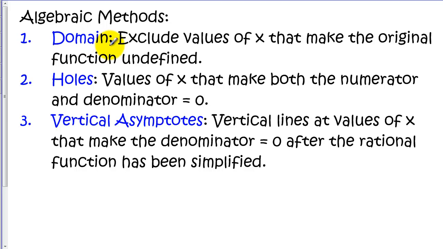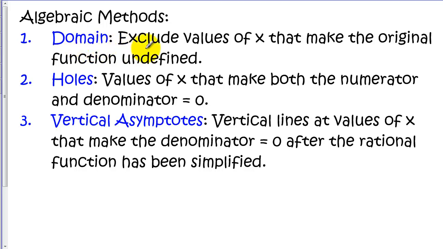Most times when we're looking at domain, instead of generating a list of all the ones that are defined, we look for excluded values. And for rational functions, the values that we have to exclude will make the original function undefined, and it'll do that by making the denominator of the rational function equal to 0. So if we find any values of x that make the denominator 0, we'll be excluding them from the domain.